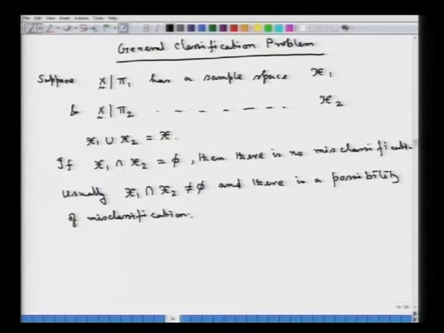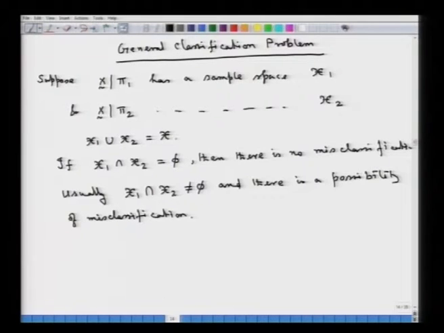Now, if the two sample spaces script x1 and script x2 under the two populations pi 1 and pi 2, whatever those multivariate populations be, were disjoint, then whenever we have a multivariate observation from the x1 part of the sample space, we will assign it to pi 1, and if it is from x2 space, we will assign it to pi 2, and that is going to be foolproof, because there is no chance of misclassification.